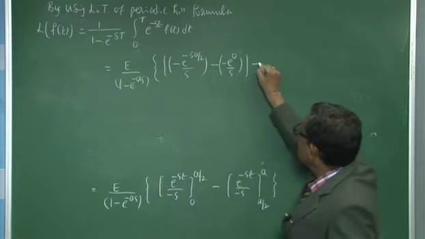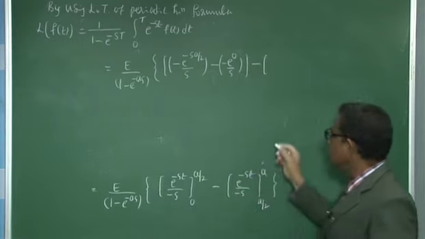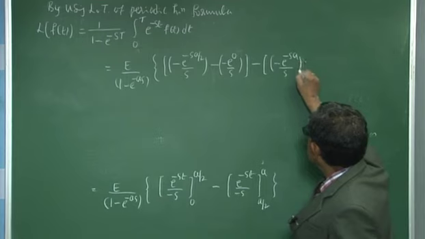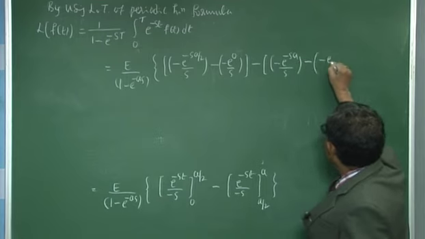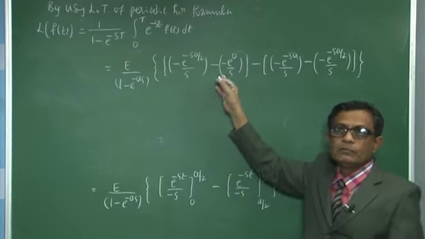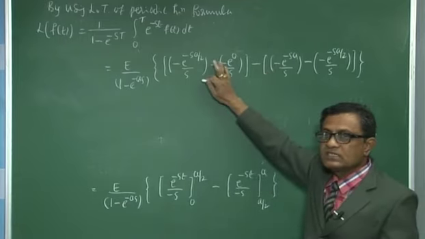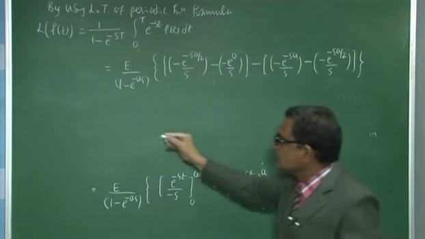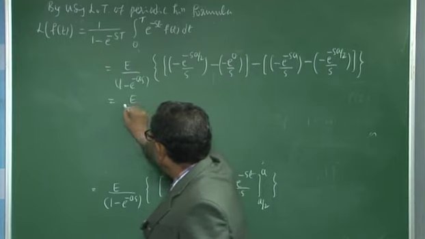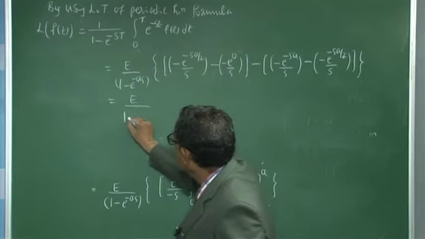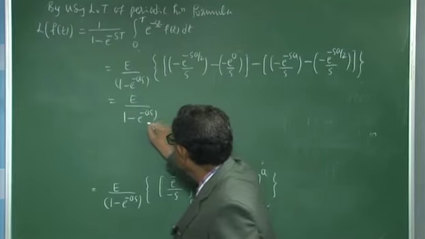This is upper limit minus lower limit for the first term. Similarly, for the second term the upper limit is a: minus e raised to minus sa by s, minus e raised to minus sa by 2 by s. This is for the second term. Now simplify carefully. You have to simplify the plus and minus signs. E divided by 1 minus e raised to minus sa.